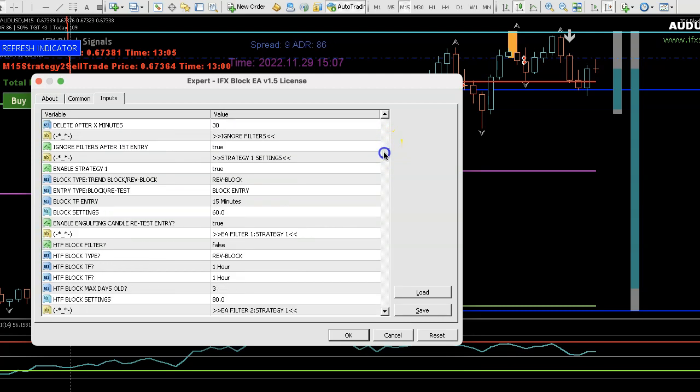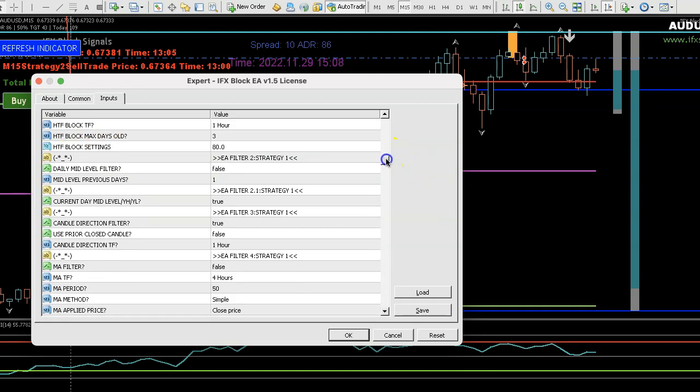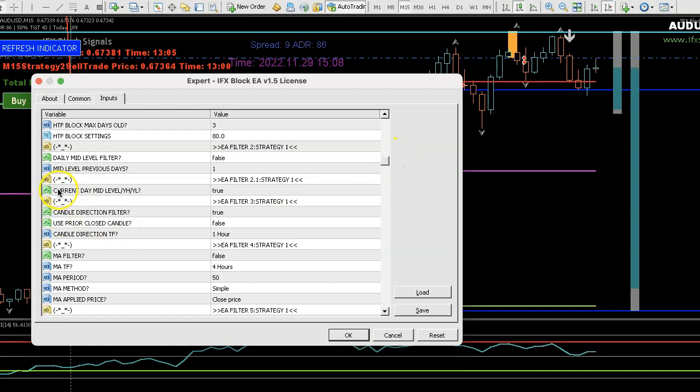Okay, nice. Now, let's think about the strategy we have talked about before. What are we looking for? Some of you like to look for higher time frame blocks, trend. We can use that as well. So I added in here current day mid-level, yesterday's high, yesterday's low. Remember on the dashboard we have the last column, how we have added the last column.